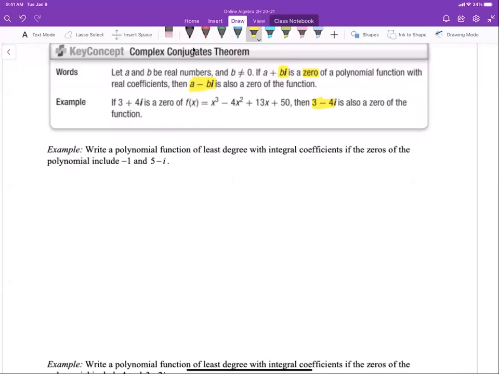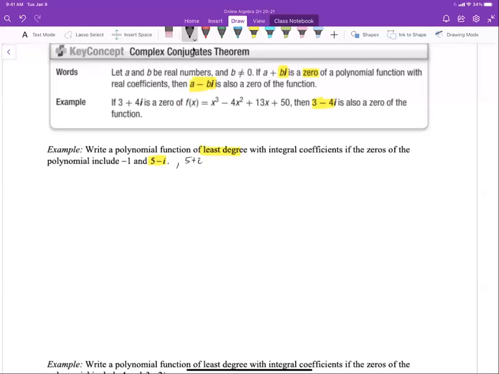We are told to write the polynomial function of least degree with integral coefficients if the zeros of the polynomial include x equals negative 1 and x equals 5 minus i. And this is our complex zero. Well, if x equals 5 minus i, then x also has to equal 5 plus i. That's what that theorem tells us.